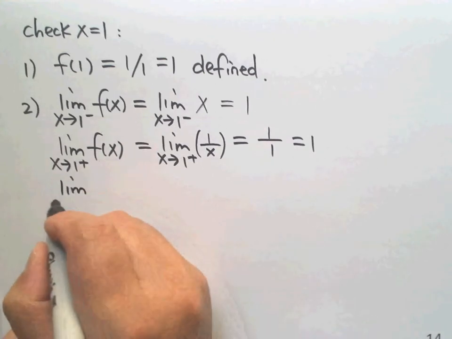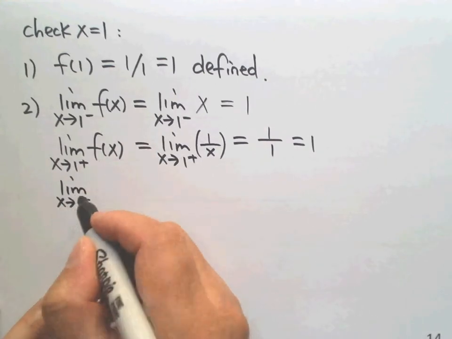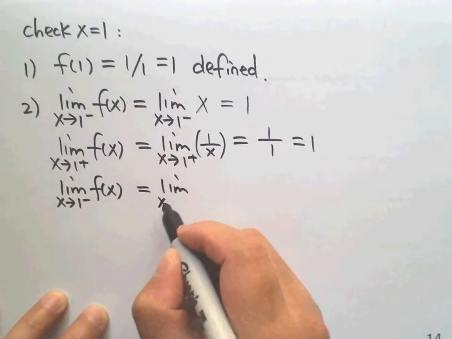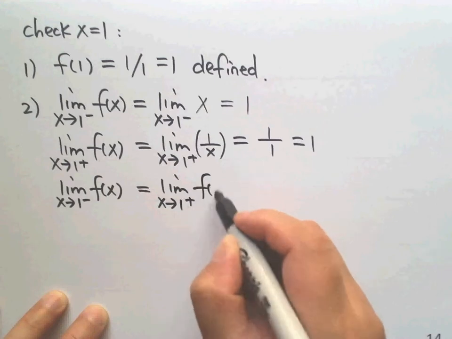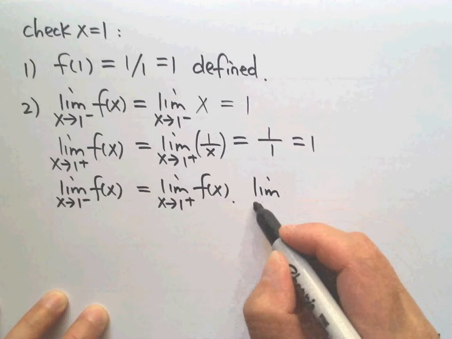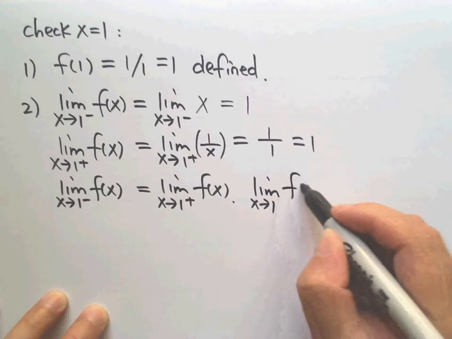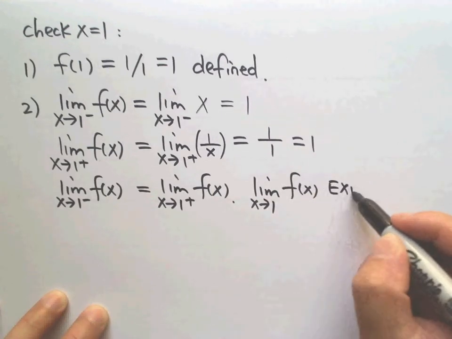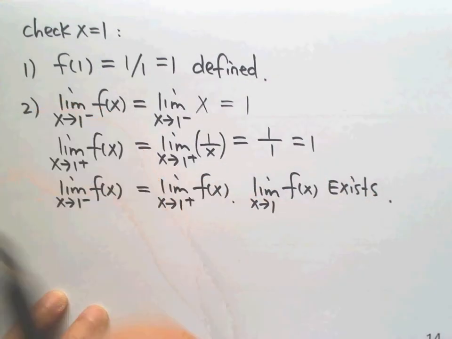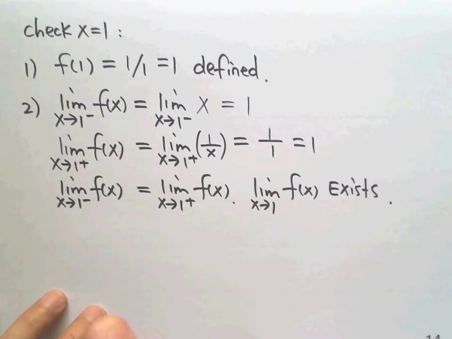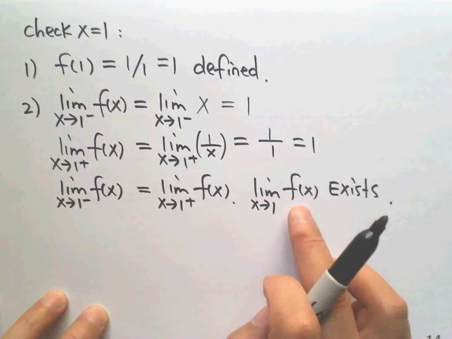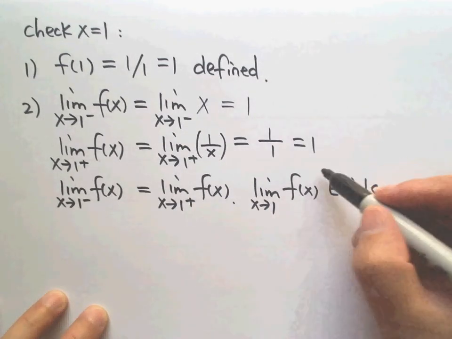What do we get? The left-handed limit equals the right-handed limit, which means the limit as x approaches 1 of f(x) exists. That's the second condition. Now we move to the third condition.